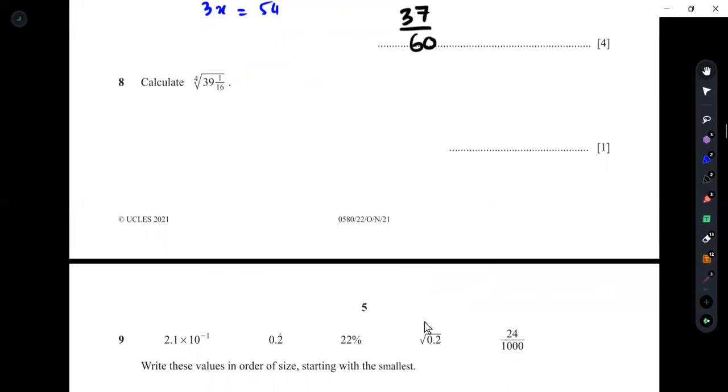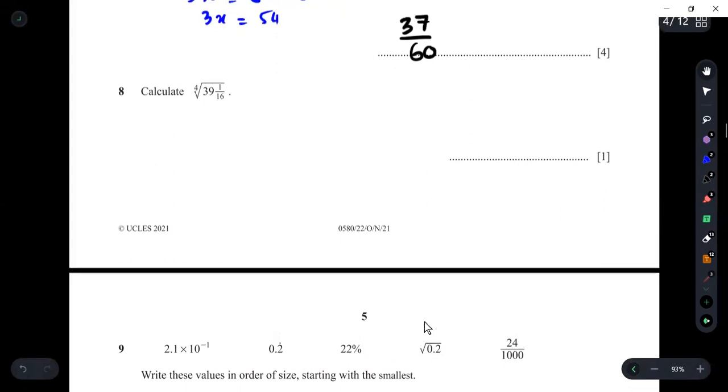So the answer for this will be the fourth root, which is giving us 2.5.